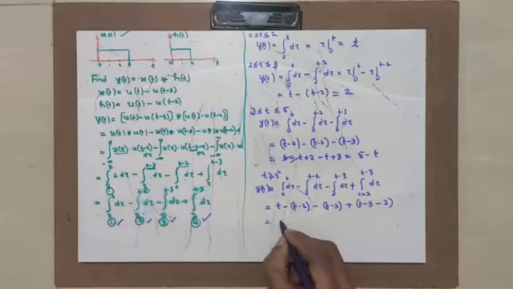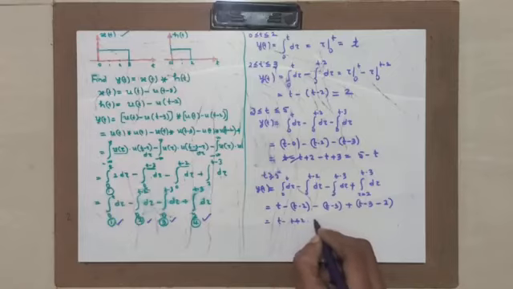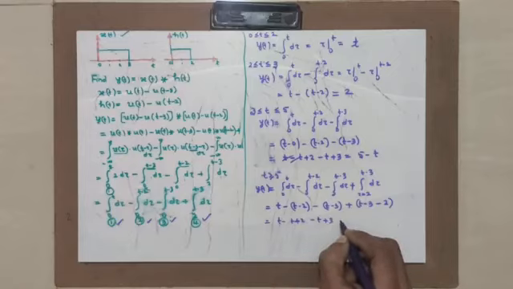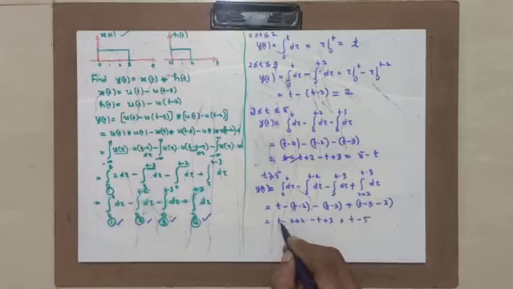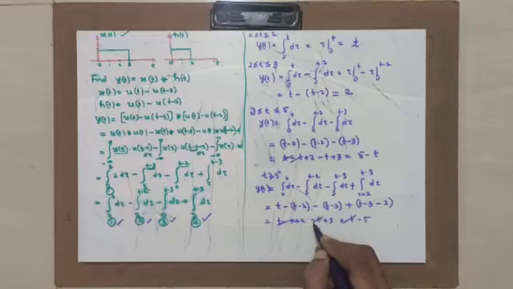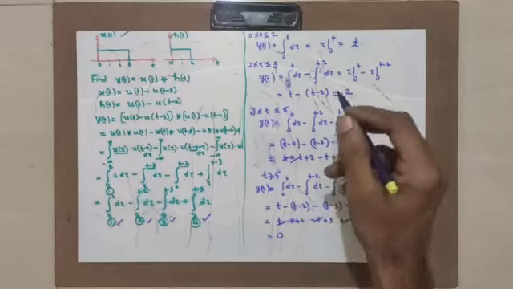Hence it becomes t minus t plus 2 minus t plus 3 plus t minus 5. Here t minus t cancels out, minus t plus t cancels out, minus 5 and this 5 cancels out. Totally I get 0. Hence this is my answer.